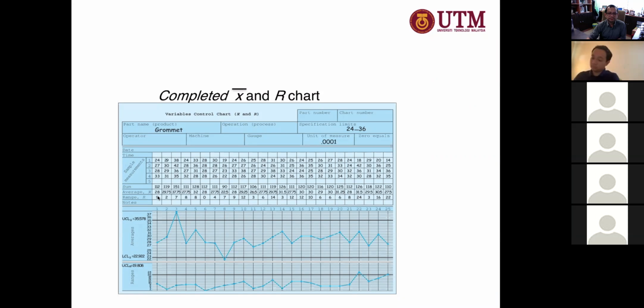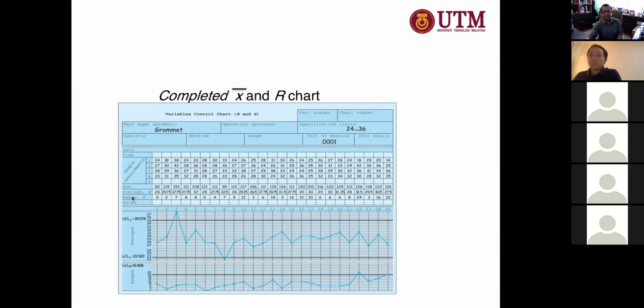Then range, the maximum, for instance, this one, 33 minus 24, the range is 9. 31 minus 29, range is 2. 42, 35, range is 7. So this is how we calculate the range.